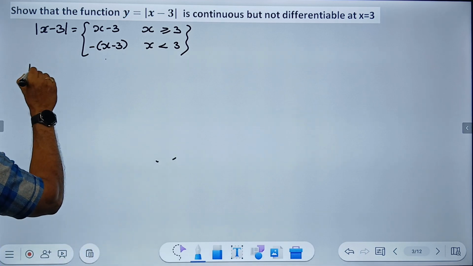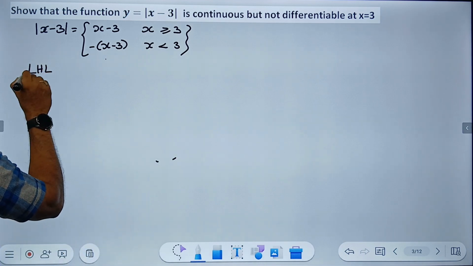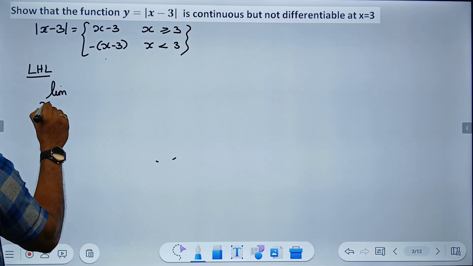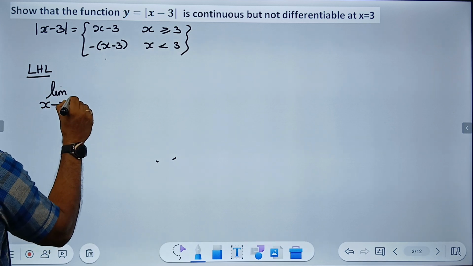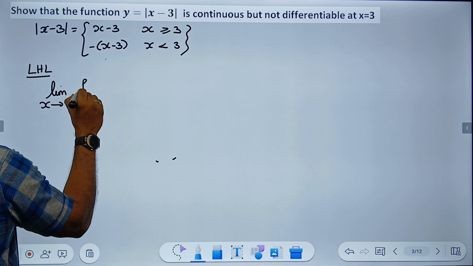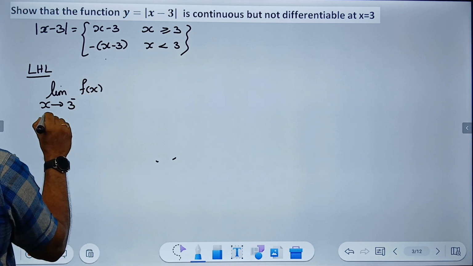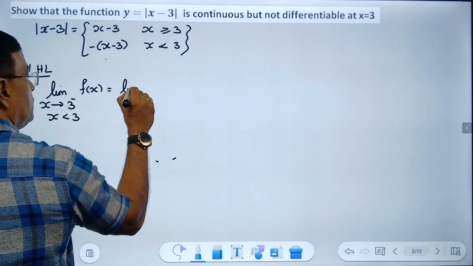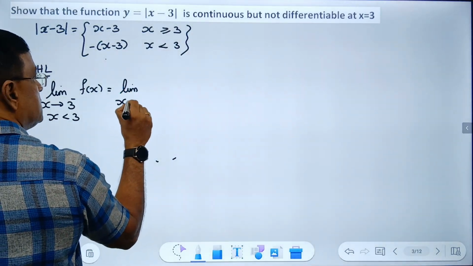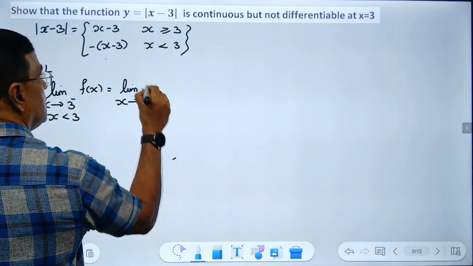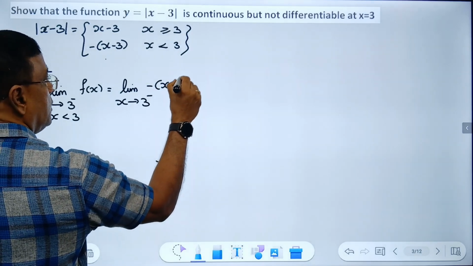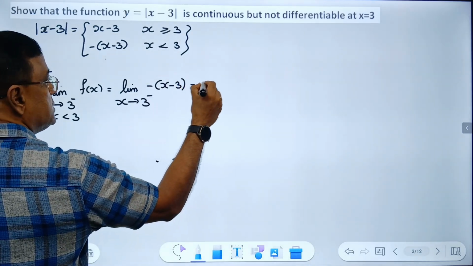First left hand limit. So what is left hand limit? Limit x approaches to 3 minus f of x. 3 minus means what? X is less than 3. If it is less than 3, what is my function? X approaches to 3 minus, it is minus of x minus 3. So when you apply the limit, you get 0.